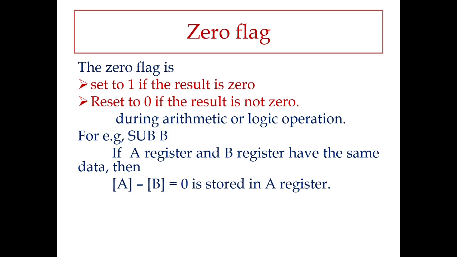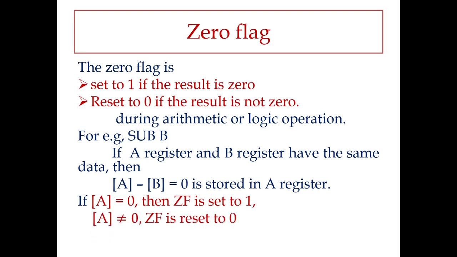The result will be stored in the A register. In that case, if the content of the A register is 0, then the zero flag is set to 1. If it is not equal to 0, then the zero flag is reset to 0. So, if your answer is 0, the zero flag is set. If your answer is not 0, then the zero flag is reset to 0.